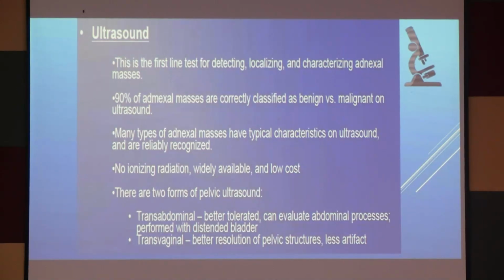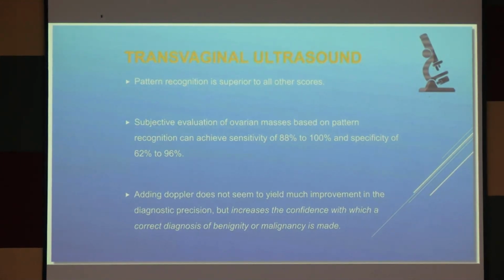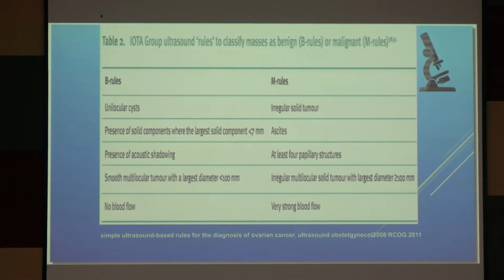Almost 90% differentiation can be done on the basis of ultrasound, whether it is benign or malignant. We have already discussed the benign and malignant characteristics. There is abdominal TVS and TAS, transvaginal ultrasound and transabdominal ultrasound. This is the IOTA classification for benign rules and malignant rules.